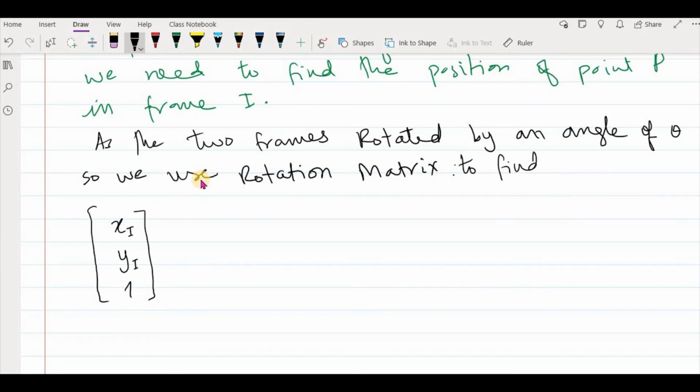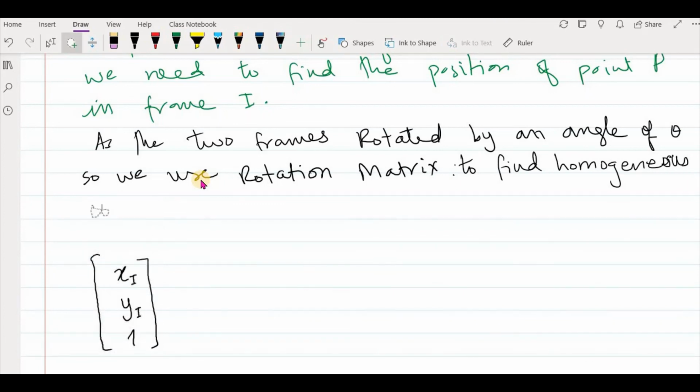To find homogeneous coordinates, x, y, and 1.